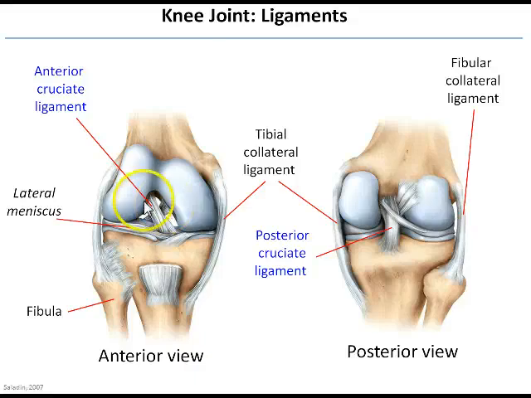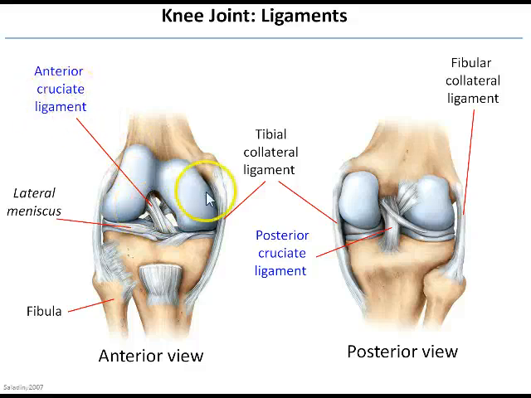Note that the anterior cruciate ligament is located on the anterior portion of the tibia, and the posterior cruciate ligament, which can be seen in this posterior view, attaches to the posterior surface of the tibia. The anterior and posterior cruciate ligaments cross over, and hence that is where their name cruciate comes from.